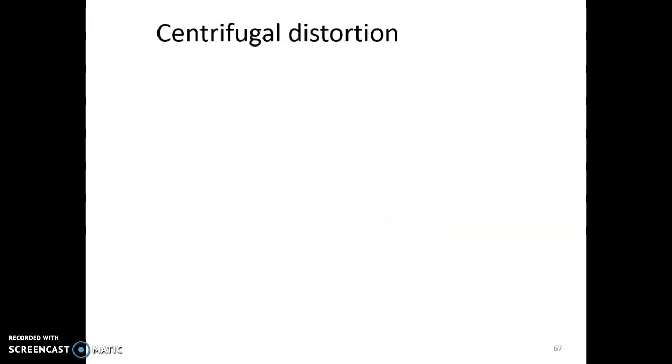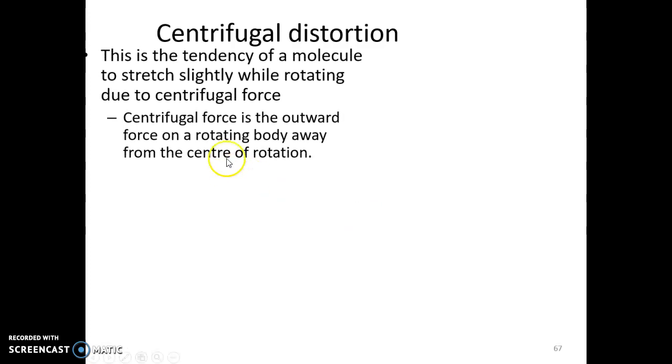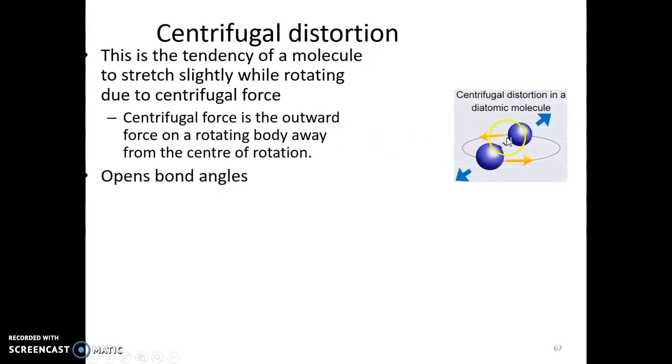The centrifugal distortion is the tendency of a molecule to stretch slightly while rotating because of the centrifugal force. And if you recall, centrifugal force is an outward force that throws a body away from its center of rotation.